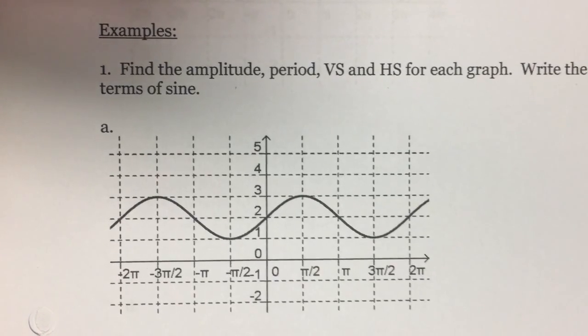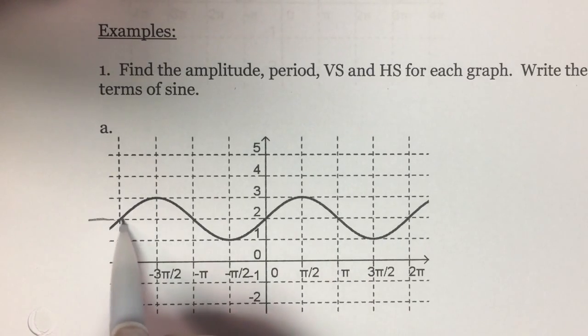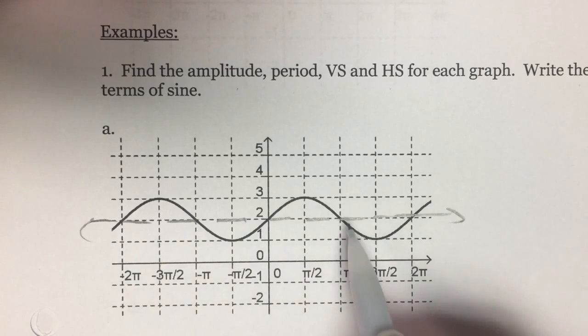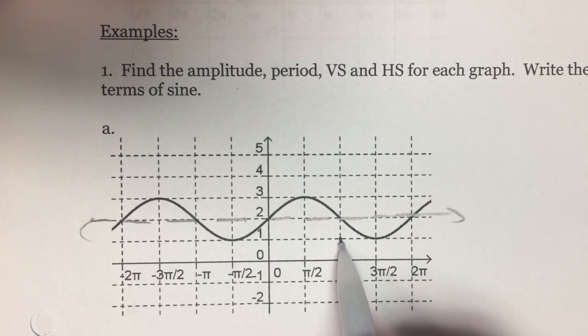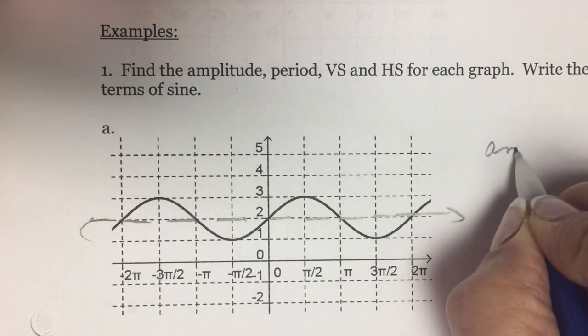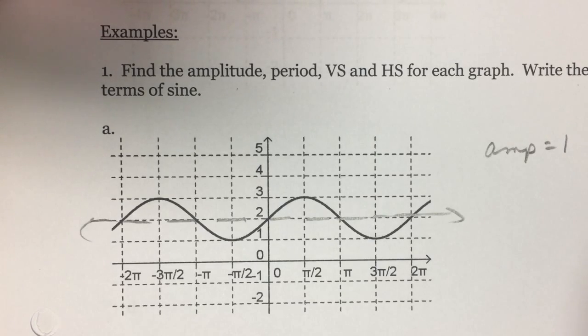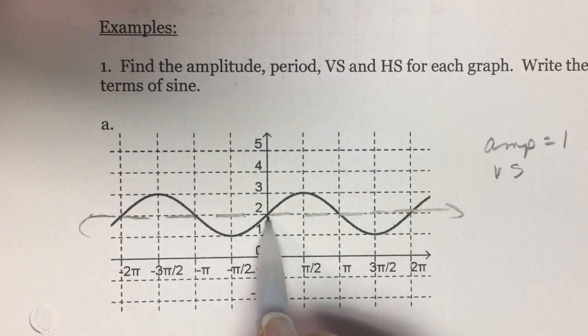So first of all, to find the amplitude, I can draw a line right down the middle of the graph. See how it's down the middle? You go up 1 and you go down 1. That not only tells us that our amplitude is 1, because you have up 1 and down 1, it also tells you that there is a vertical shift, because that's your vertical shift.